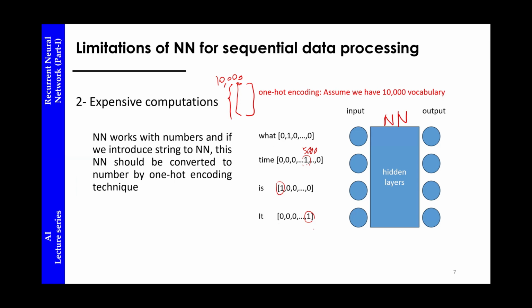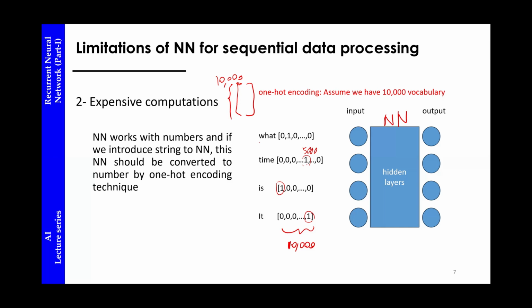Remember, each word that you introduce to your network is a vector with 10,000 items in it. "Is" has 10,000, "it" has 10,000, "time" has 10,000. One of them is 1 and the rest are 0.